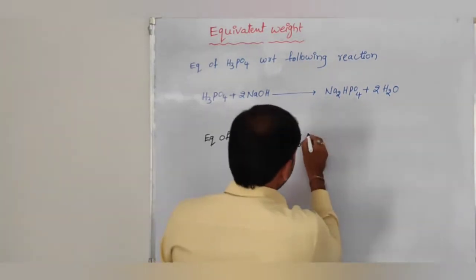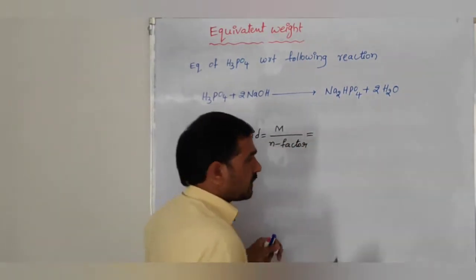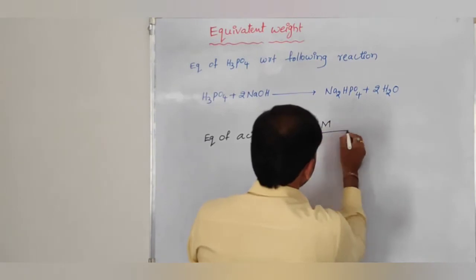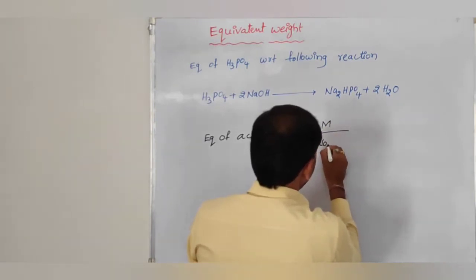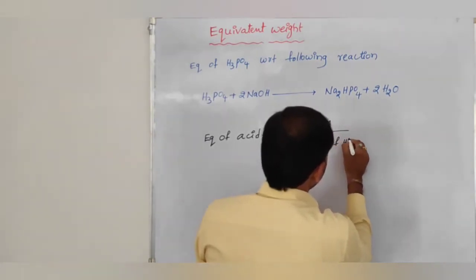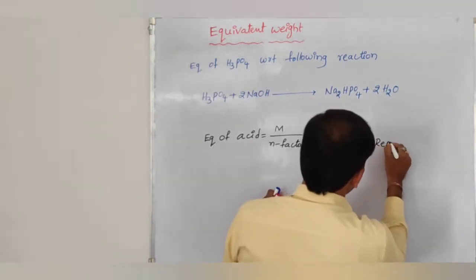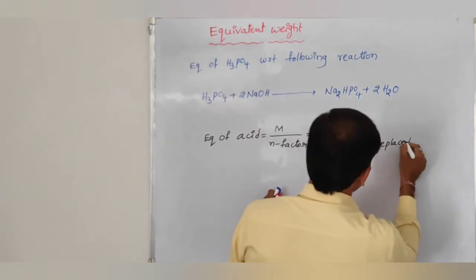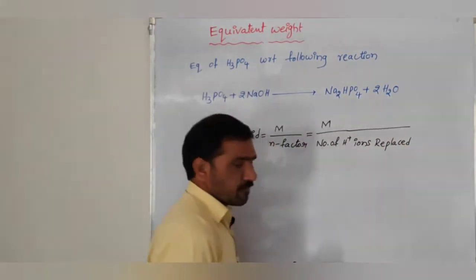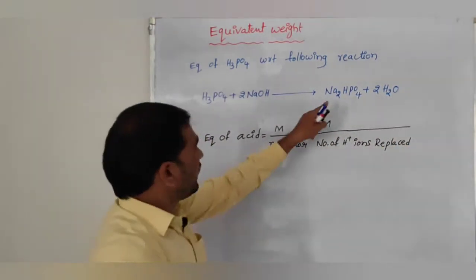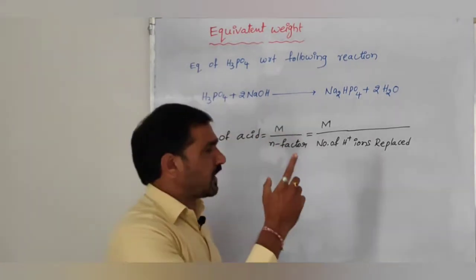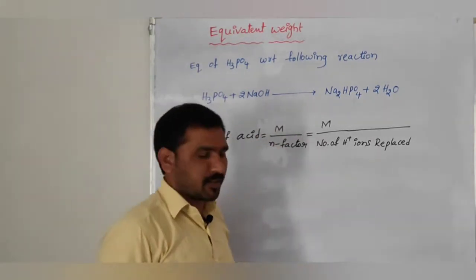Then the n factor in terms of an acid is what? The number of H plus ions replaced. So this is the n factor. Let me check how many H plus ions are replaced from left to right. That is only considered as the n factor.